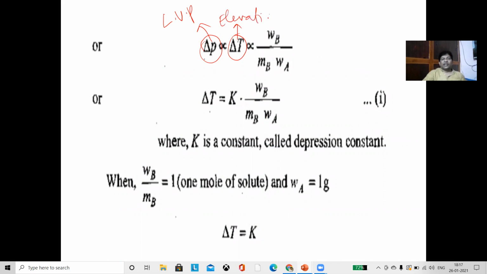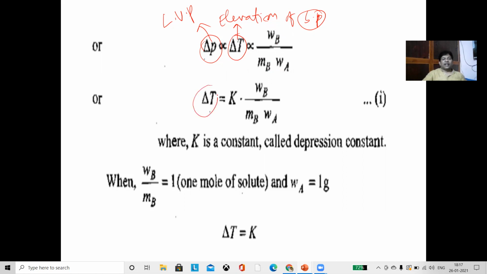Delta T here is the elevation of boiling point. Now here, this delta P is proportional to WB by MB WA, which means delta T, the elevation of boiling point, is also directly proportional to WB by MB WA, remember.